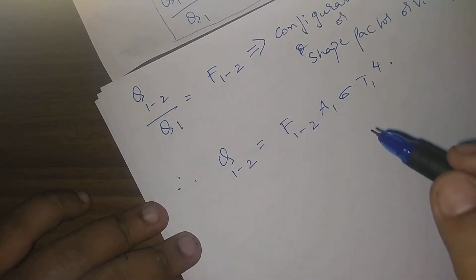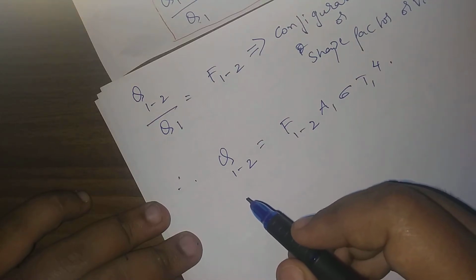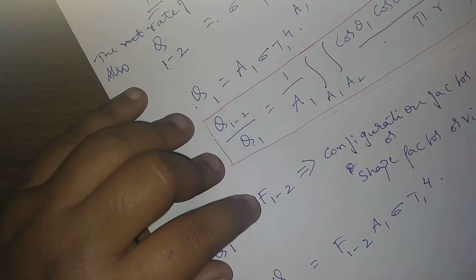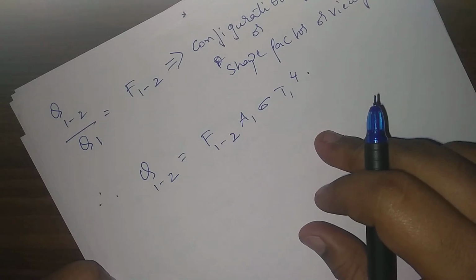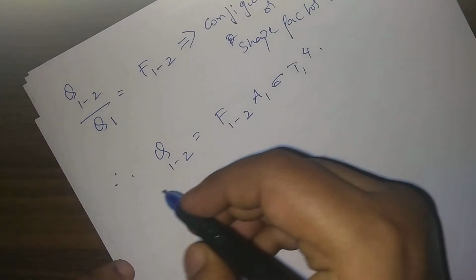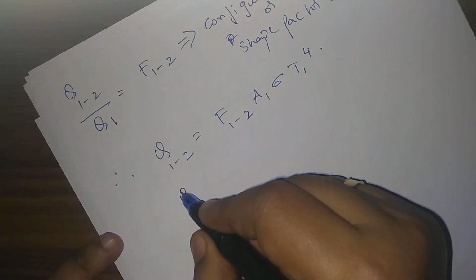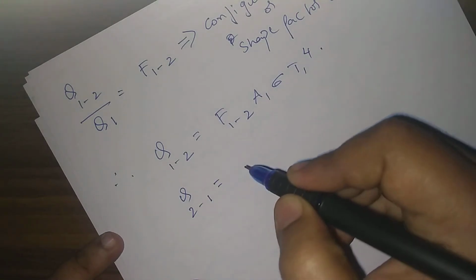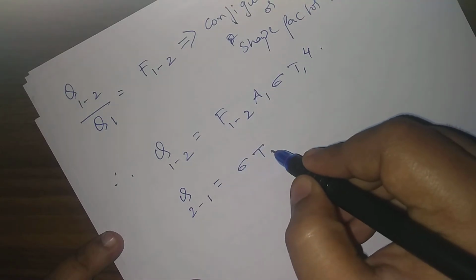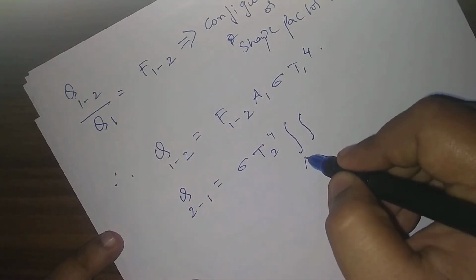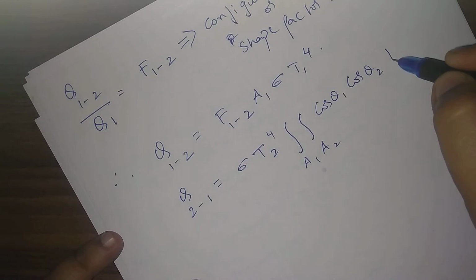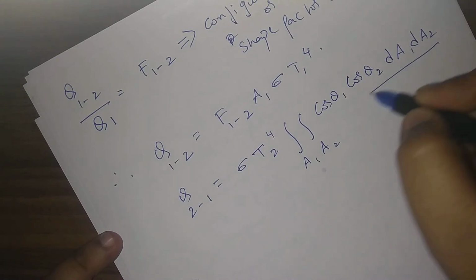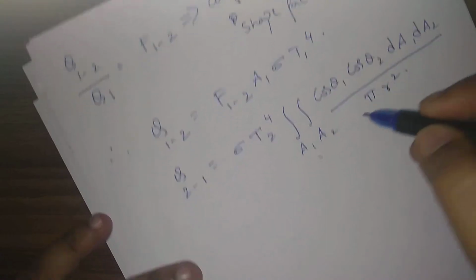Okay. So now you can write it as F1→2 A1 sigma T1 to the power of 4. Now similarly you can also get it, Q1→2 is equal to sigma T2 to the power of 4 double integral of A1 A2 cos theta 1 cos theta 2 dA1 dA2 divided by pi r squared.